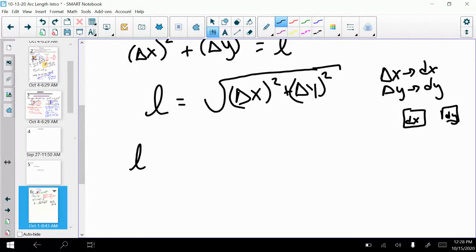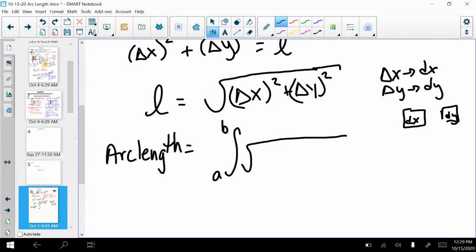So the total arc length, which we will call L, is going to be the integral, because we need to accumulate all of these little guys, of the square root of dx squared plus dy squared.